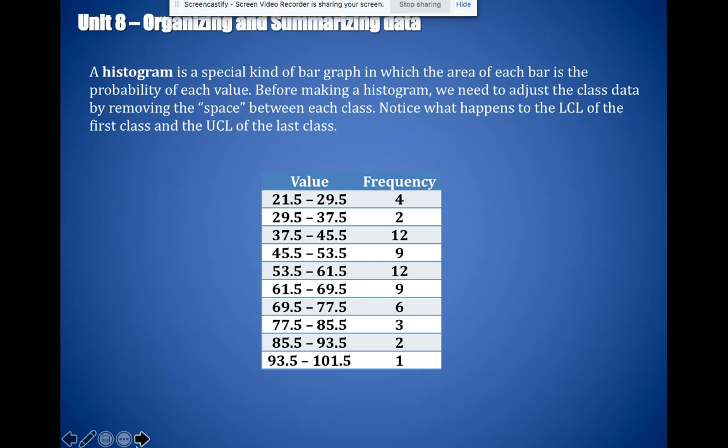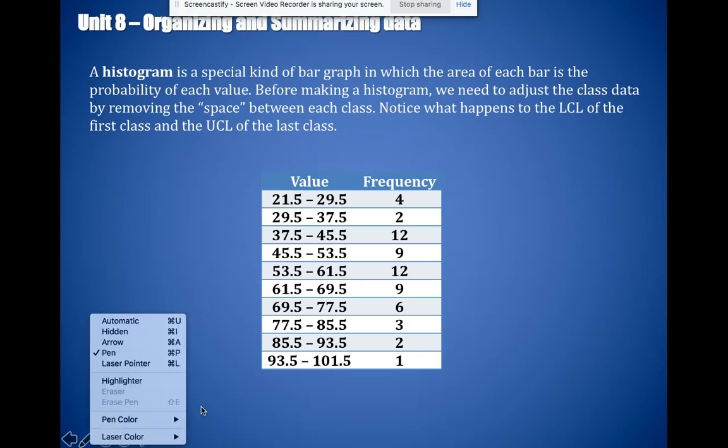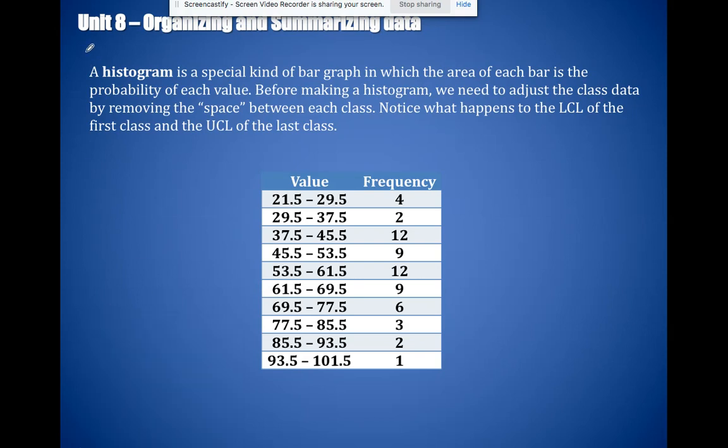From a frequency chart, I have to make the frequency chart first. Then I find out something called my class boundaries.